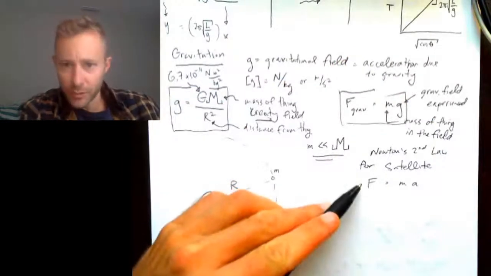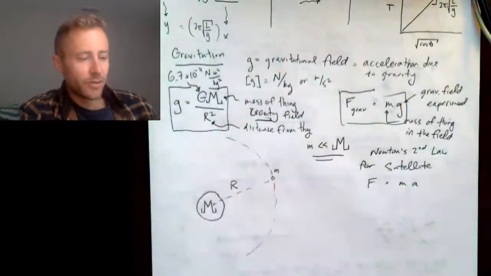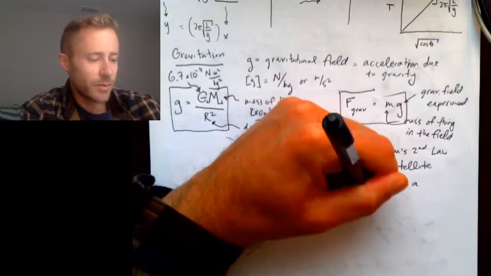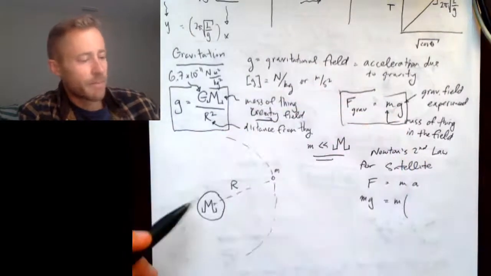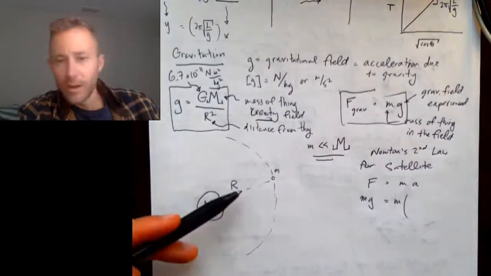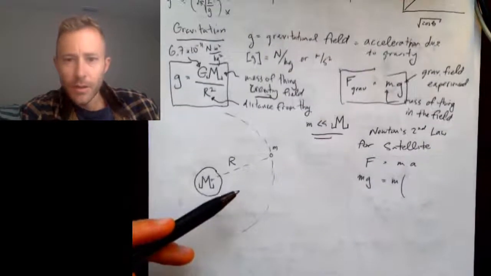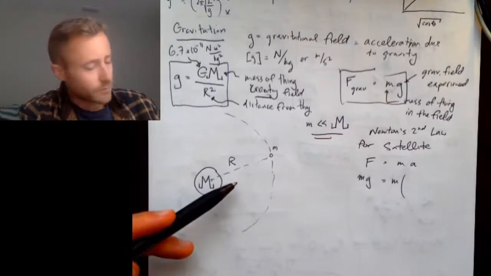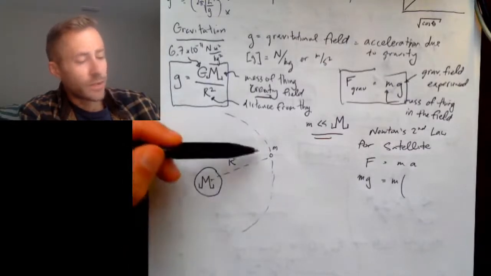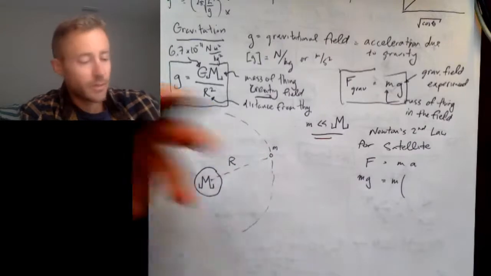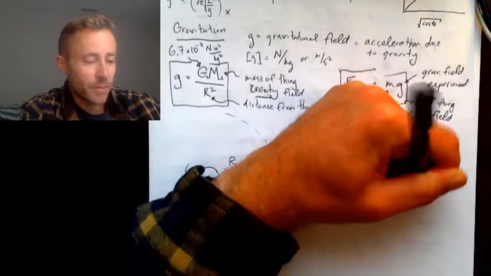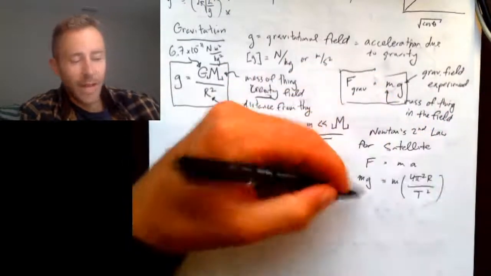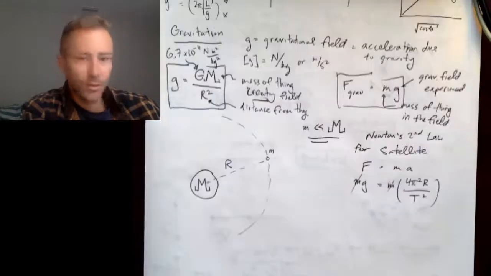The force that's making it move in a circle is the gravitational force, little m times g, and it's moving in a circle. So we're going to use the centripetal acceleration, 4 pi squared r over period squared. And what you can see is that the mass of the satellite cancels out. Okay, it's on both sides of the equation.